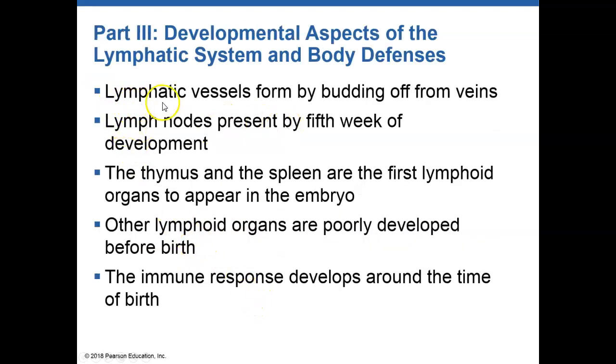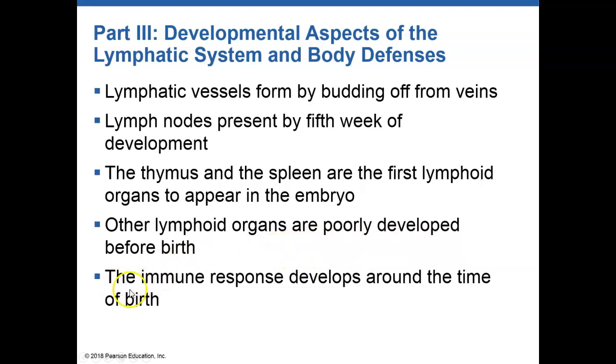And the very last thing we'll talk about is development. We start producing a lymphatic system by about 5 weeks. The first organs to be formed are your thymus and your spleen. Other lymphatic organs are not developed very well until we are born.